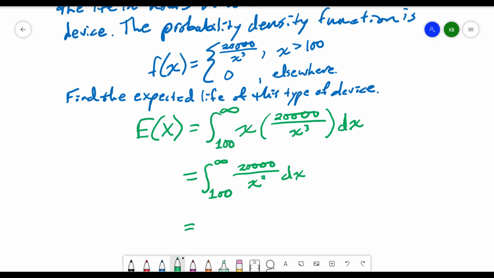Now, taking this integral, I end up with negative 20,000 over x, from 100 to infinity.